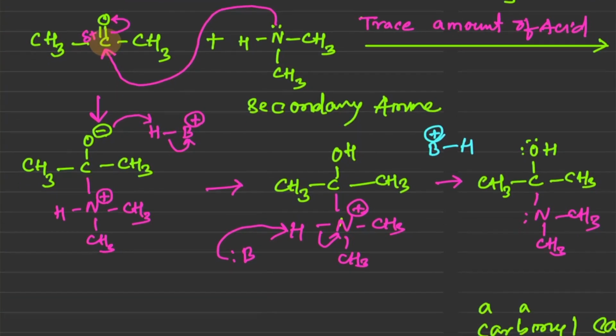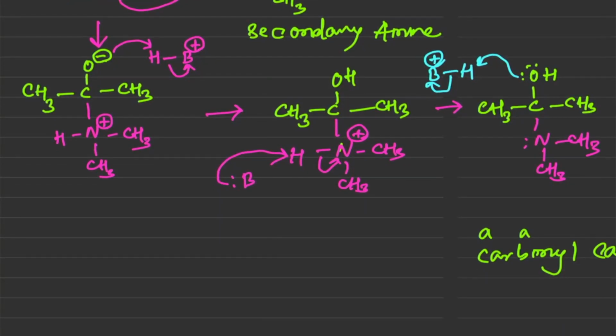This is where slightly acidic conditions come into play. When you have slightly acidic conditions, some of these lone pairs will get protonated. Again, it could be nitrogen, but if it does, that's basically going backwards. You'll find that most of these reactions are in equilibrium. Some equilibria are more biased towards the left, some more towards the right.